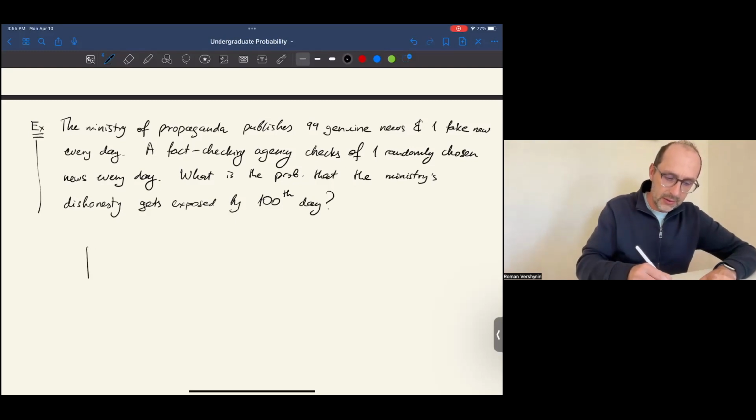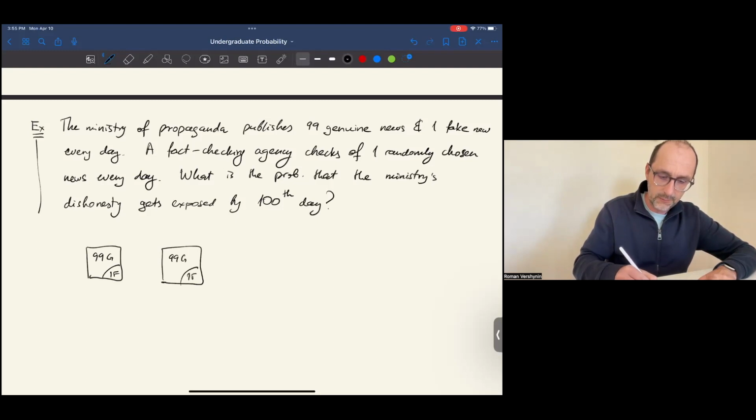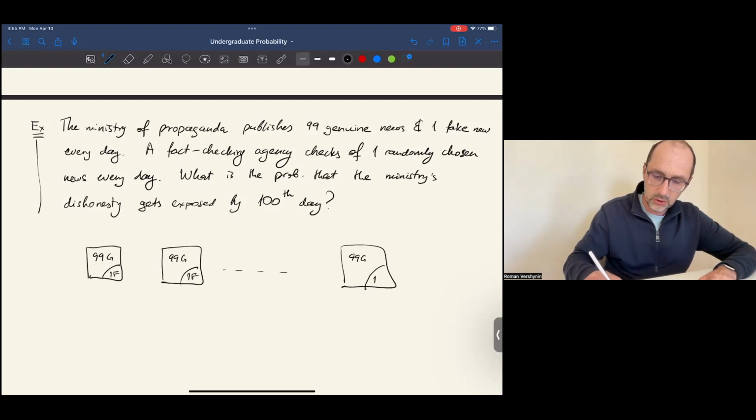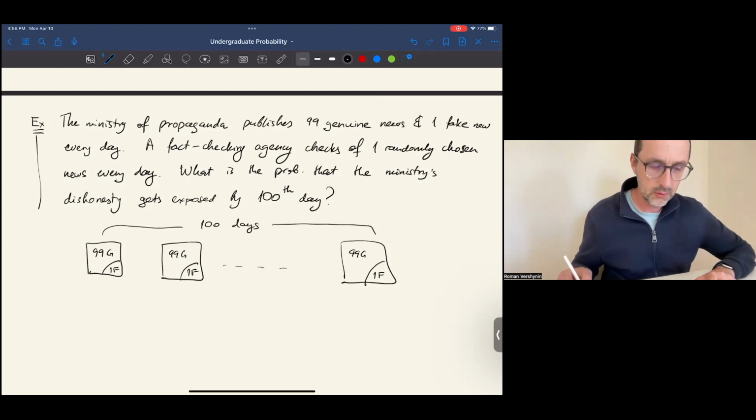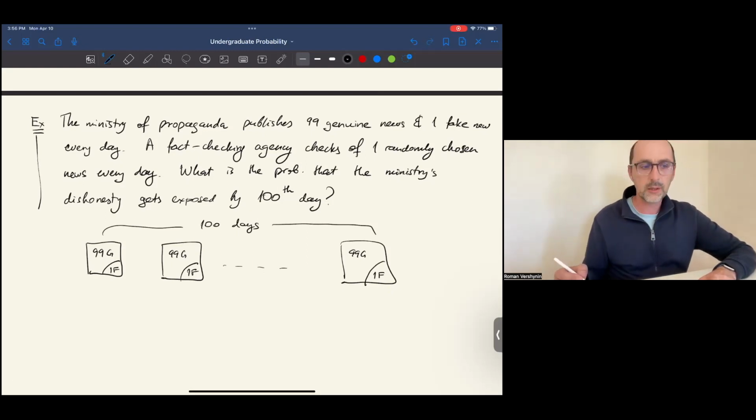So here's day 1, and in day 1, there are 99 genuine news and 1 fake. Similarly day 2, 99 genuine and 1 fake. And there are 100 days on each of which the ministry publishes 99 genuine news stories and 1 fake.